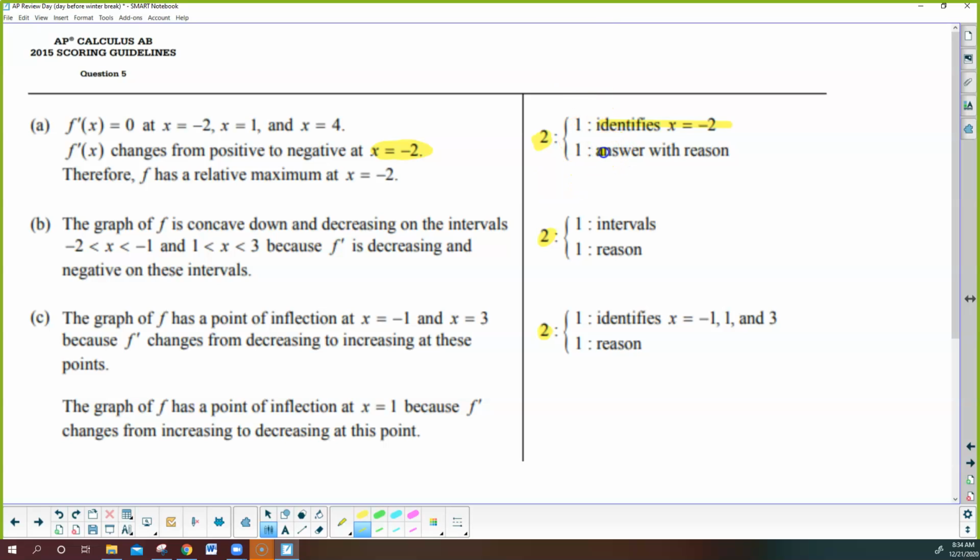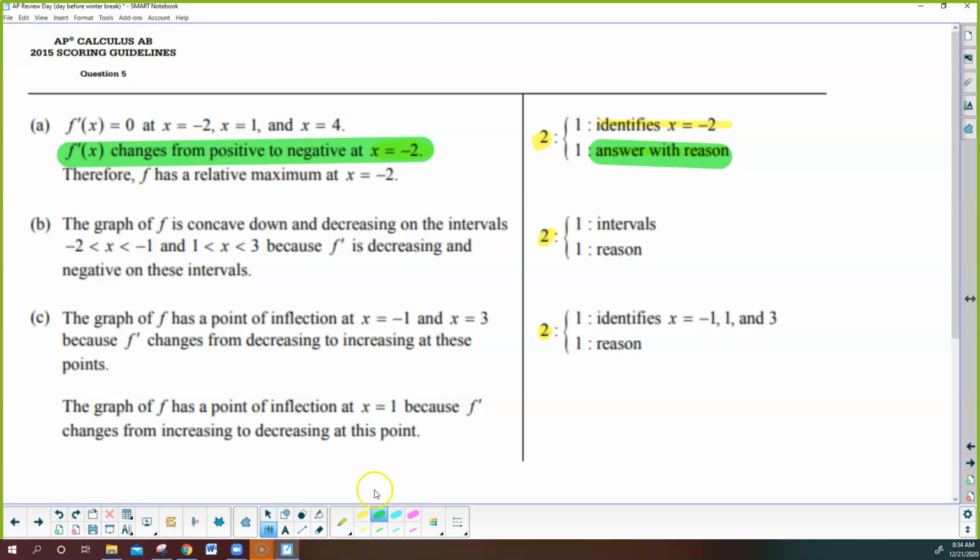But then you had to provide the reason, and if you don't correctly provide the reason, then you don't get that extra point. All right, so their justification, they actually provided the reason first, is f prime changes from positive to negative at -2. So that's the reason part. That was worth 1 point.